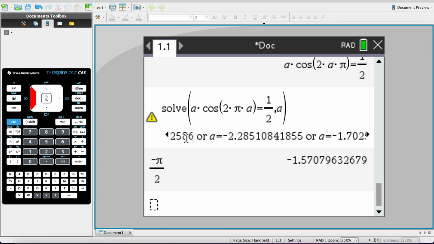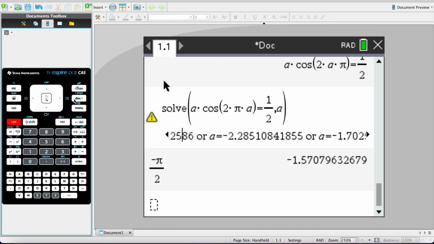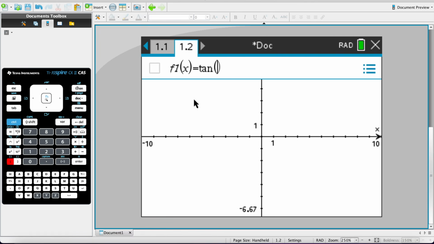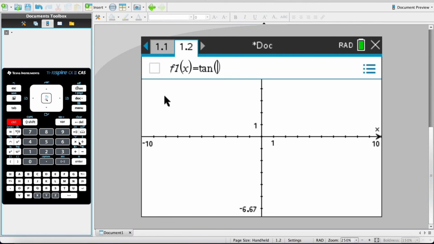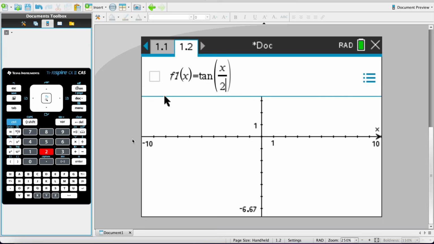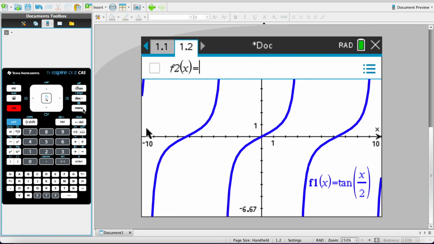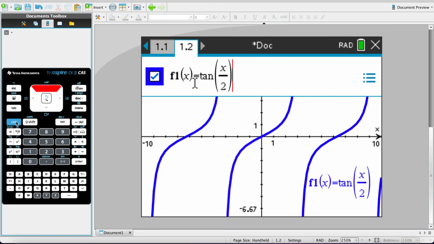Let me just see what tan x over 2 is. The easiest way to do this is to just sketch tan of x over 2. So that's that, and we only really want it from 4 to 2 pi, so you can just put that restriction in.